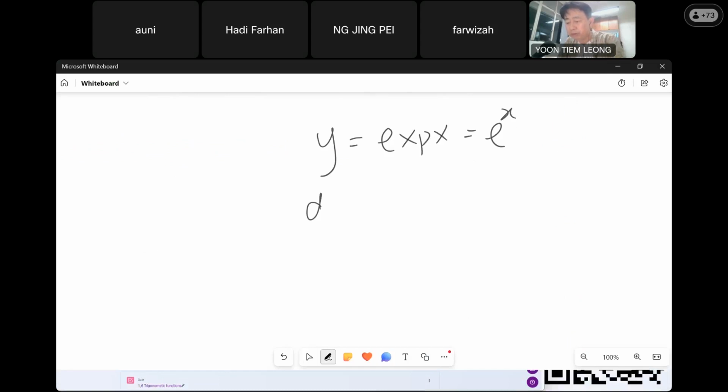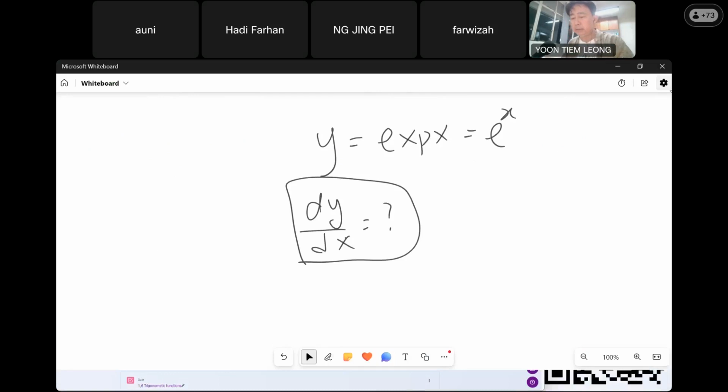So my question is, what is dy/dx? So how do you calculate that? For those who have experience with this, the derivative of the exponential function is just the exponential function itself. But can you explain how this comes about?